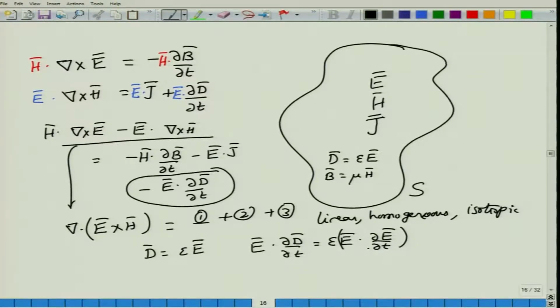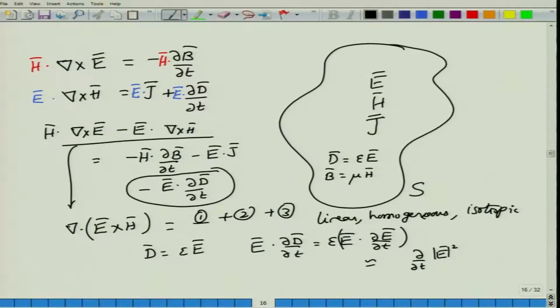Now, this E dot del E by del T, from the differentiation rules, you can show that this is actually equal to del by del T of magnitude E square. Okay. So you can show this because magnitude of E square is E dot E itself.